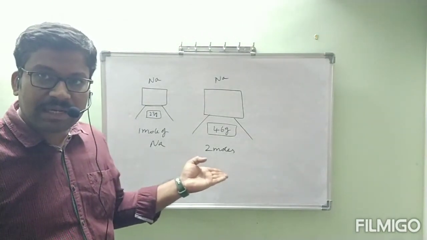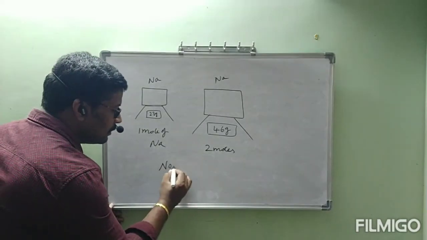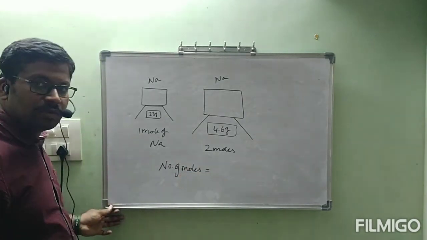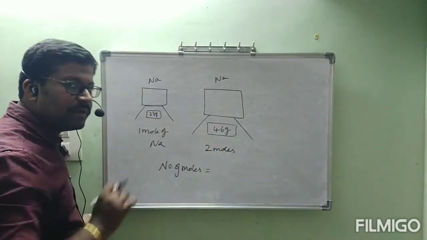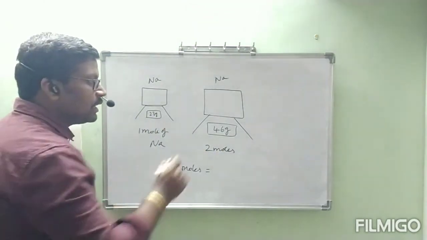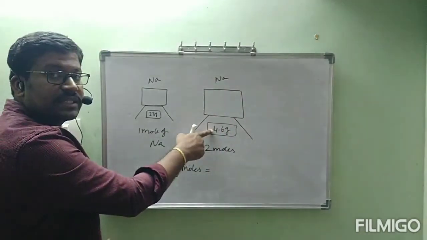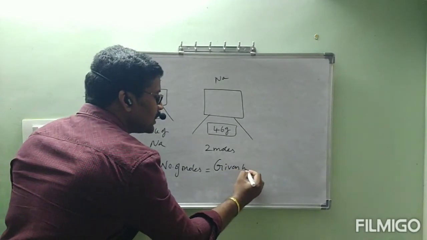How are we going to calculate the number of moles? Let us see the formula. Number of moles equal to... here, what is the number of moles? We got 2, right? How did we get that 2? They gave one mass. What is that mass? 46 grams. That is called given mass or given weight.